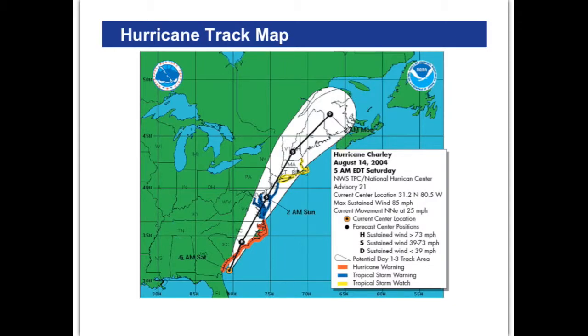Of course, the further out a hurricane is, the less likely you know exactly where it's going to go. So let's say a hurricane is right here. There is an area of error, this wedge-shaped area here, where it could go in the next few days. A day later, that area widens and then widens again. So it's like, well, we're pretty sure it's going to be in here somewhere.